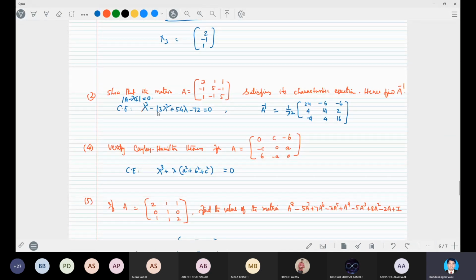Check whether it would be satisfied or not. This is the characteristic equation, and it would be satisfied by A, the given matrix. So you have to show that A cube minus 13A square plus 54A minus 72I is equal to 0.